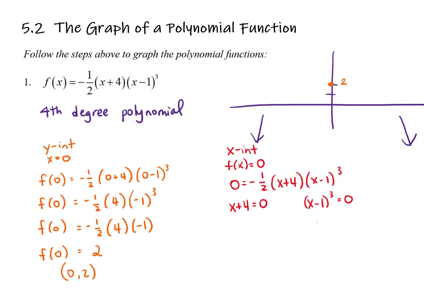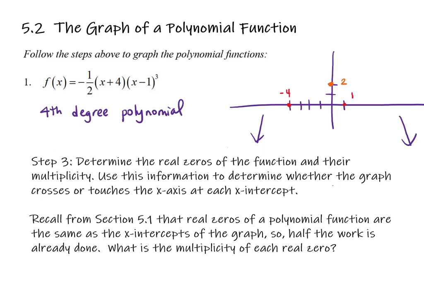And that actually gets simplified to x minus 1 is equal to 0 if I took the cube root of both sides. Now each of these is very easy to solve, and I would get (-4, 0) and (1, 0) as my x-intercepts. Let's put that on the graph. And I get at -4 and at 1, my x-intercepts.